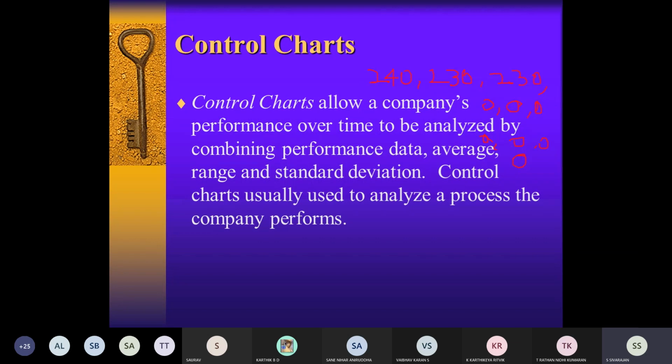These are the five things, and based on these we have to analyze. First, the mean average: 240 plus 230 plus 230 is 700. I am going to divide by 10 innings, and the average is 70.